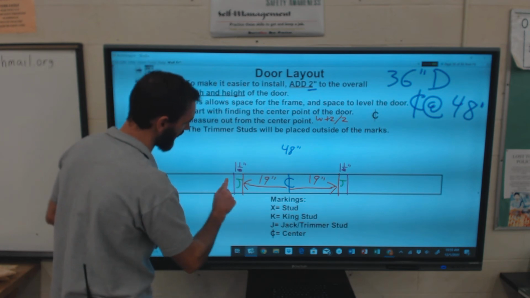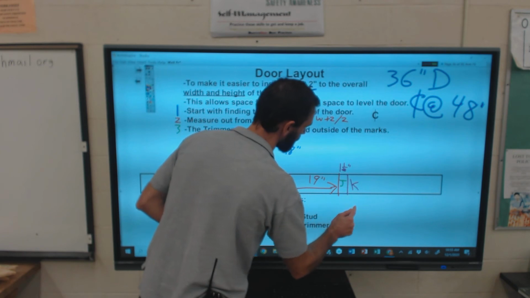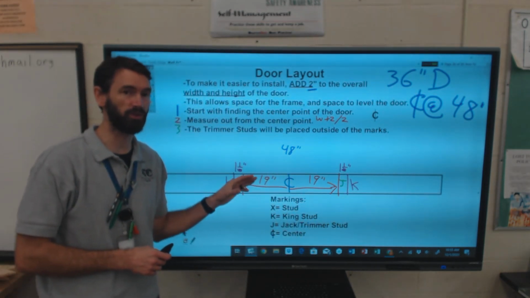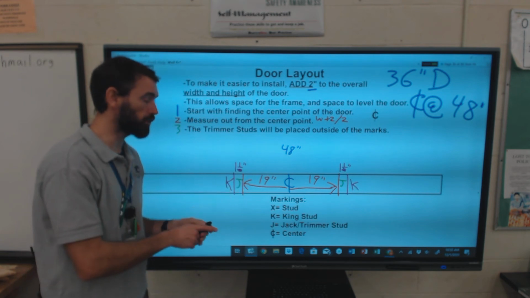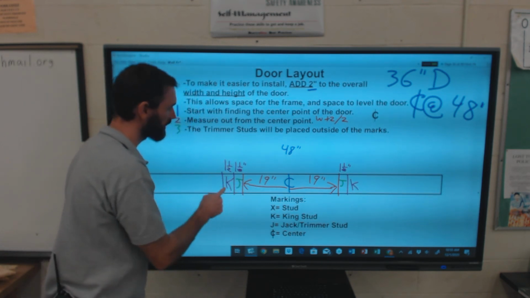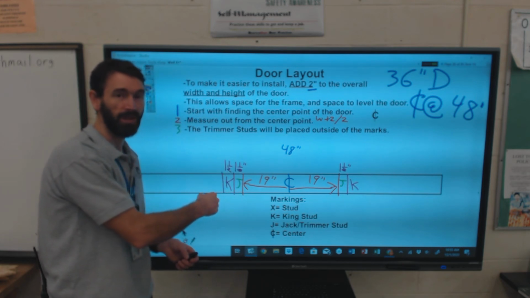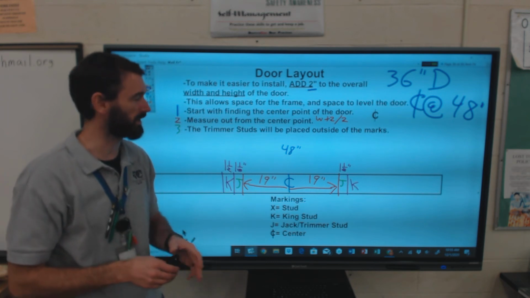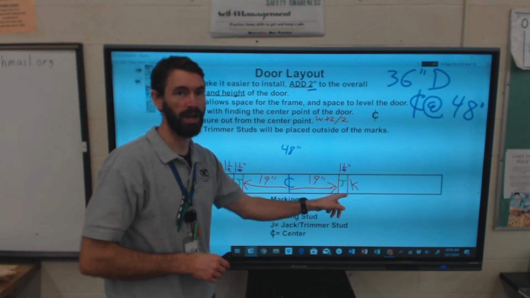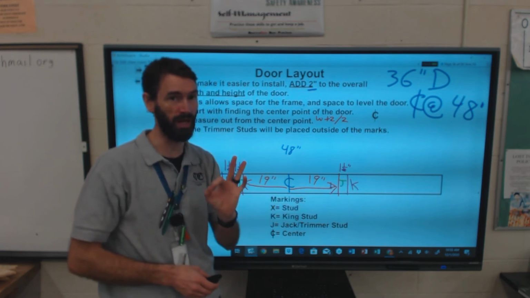And then I'm going to have my king sit on the outside of that. Now, that's all I really need to have this door opening marked. You could measure over another 1.5 inches and have a series of 3 lines. 1, 2, 3. But it's not really necessary. The only line you really need to know is this line in between the king and the jack. Okay, so if you have that, you're okay.